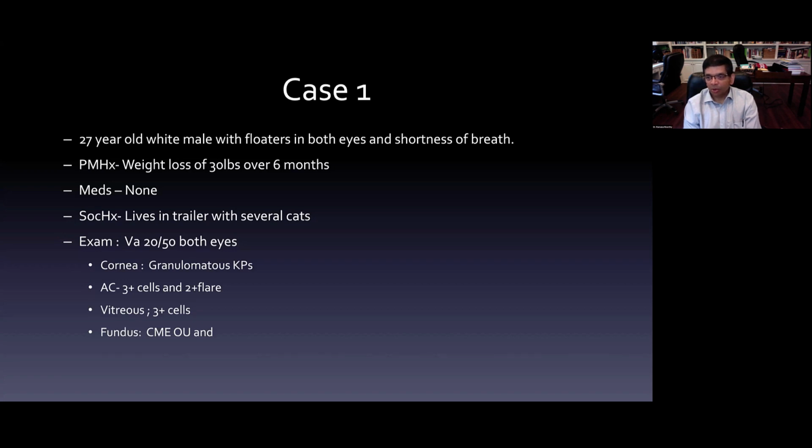And see if we can get an idea of how some of these difficult cases were figured out. The uveitis workup is never a single one-and-done thing, okay? The uveitis workup for a patient, especially with chronic disease, is, in my experience, something that we do over the course of time.